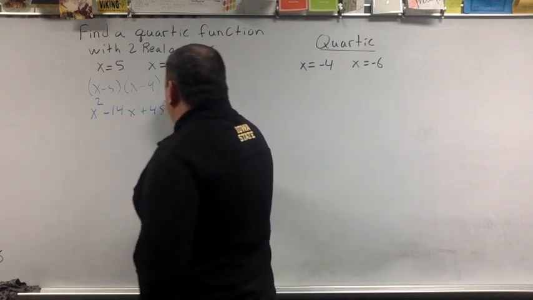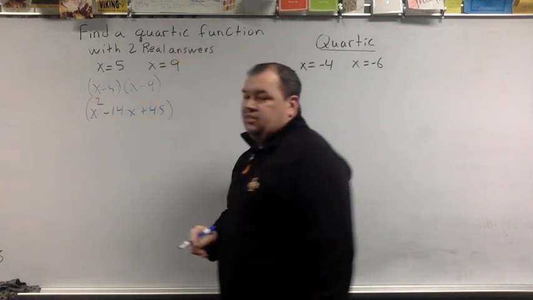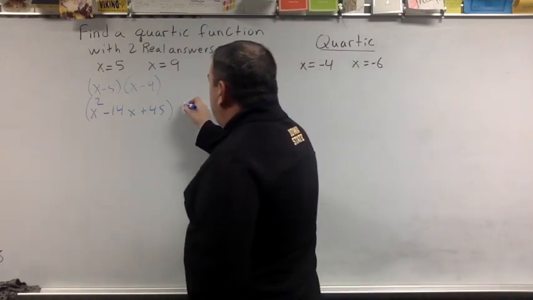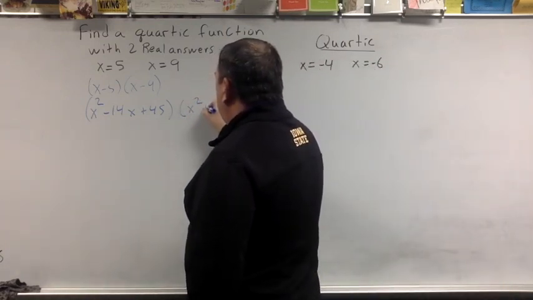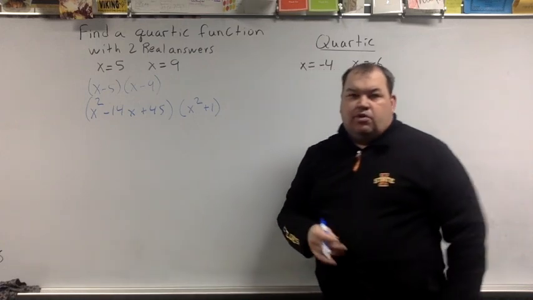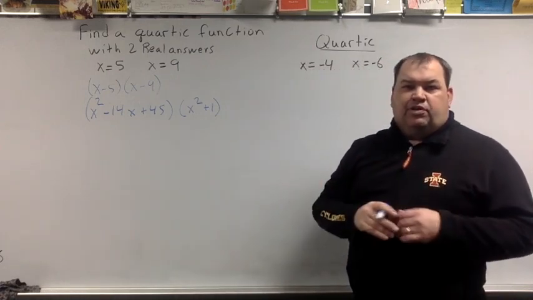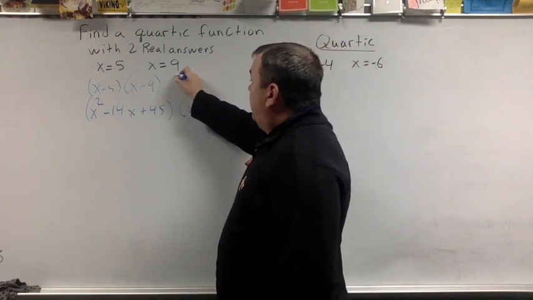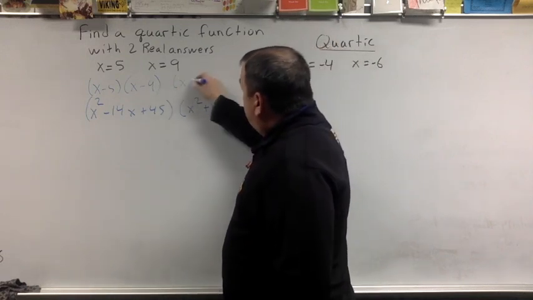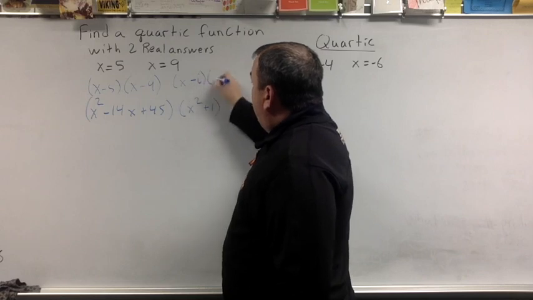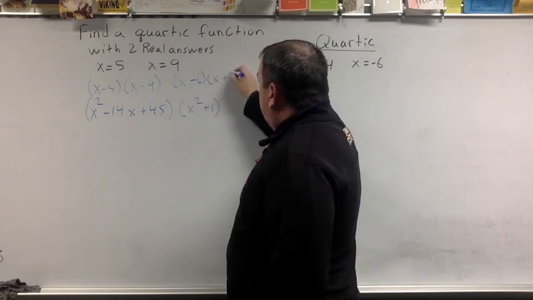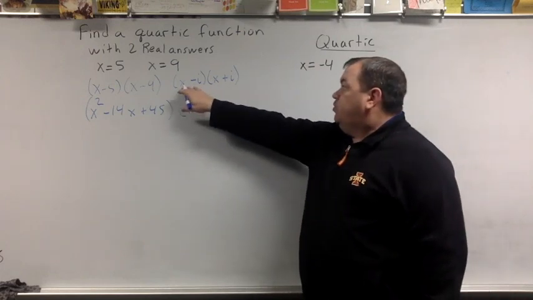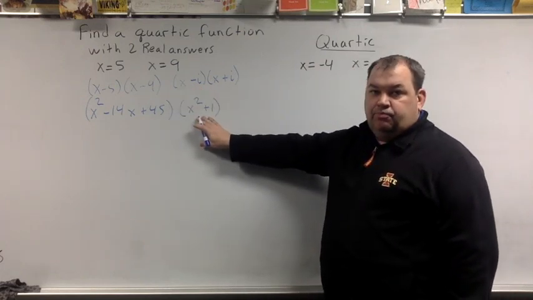So what we're going to do is take the easiest non-real answers. Okay? The easiest way to do that is an x squared plus 1. We're just taking the basic square root of a negative 1, which is an imaginary, and multiplying them together. So if I had an x minus i and an x plus i, when I FOIL that out, I get an x squared plus 1.